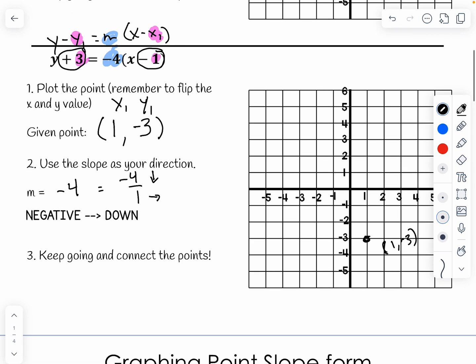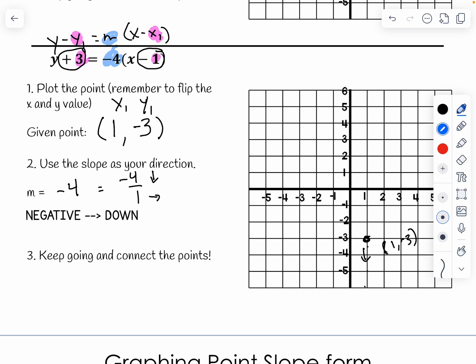Okay. Now I'm going to try to graph another point. When I look at this point, if I try to go down 4, can you do that? Looks like I've only got 1, 2, 3 spots left on the graph. I'm going to end up off the graph. So that won't work. I can't use my slope of negative 4 over 1 and graph down and right.